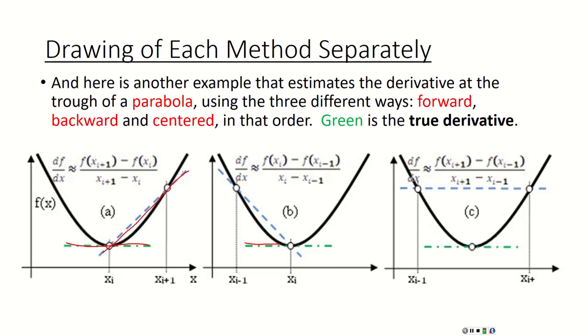In the middle pane, the true is the green derivative, the estimate is the backwards, so you're using the backwards slope, and then in the third one you're using the two neighbors to estimate the true derivative. So visually it's very easy to understand, right? You either use the forward neighbor and the point, or you use the backward neighbor and the point, or you just use the two neighbors and not the point where you're trying to estimate the derivative.